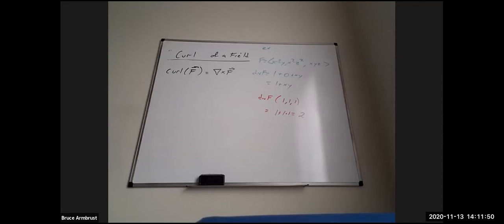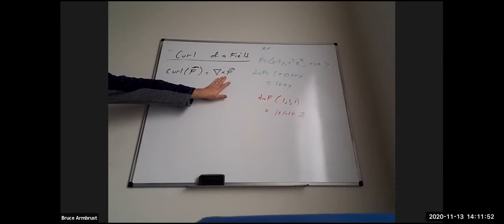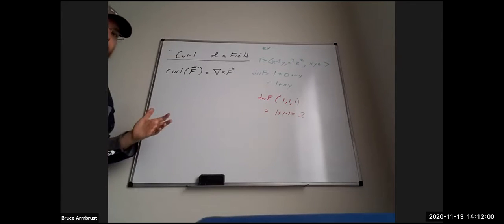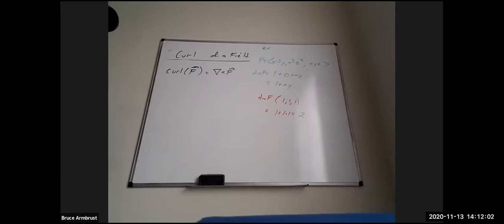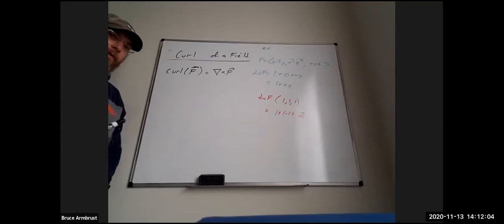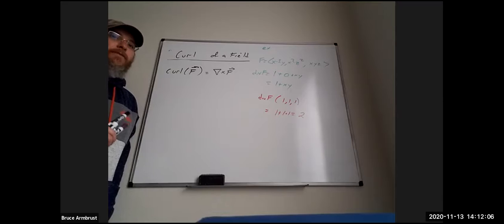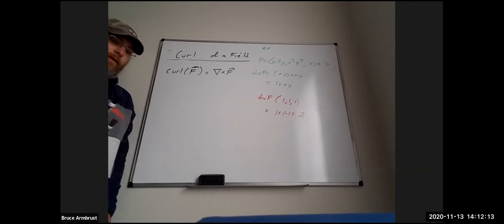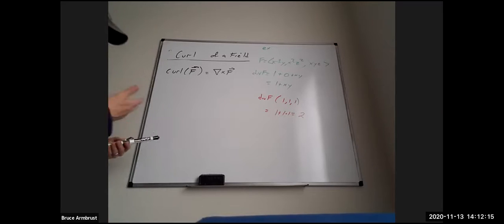All right, so this is one that I will write regularly, by the way. I will write del cross F because it's not something you're going to get confused with gradient because of the cross symbol there. And it's really helpful in terms of remembering how to actually get the curl of a vector field. Now, the result of this is a vector.